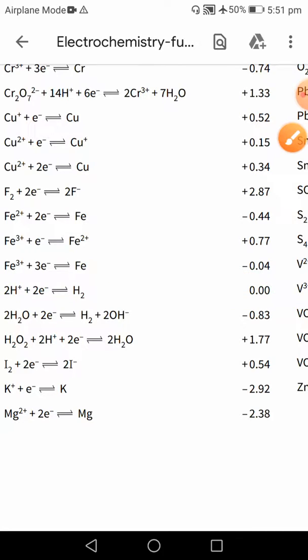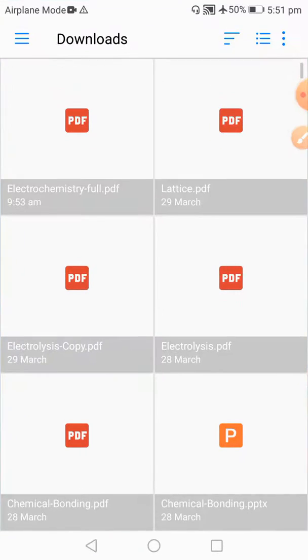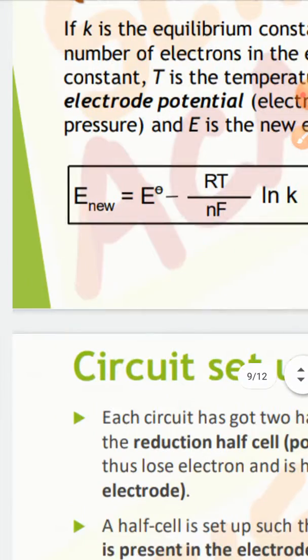So the MnO4-/Mn2+ half cell is more positive, isn't it?